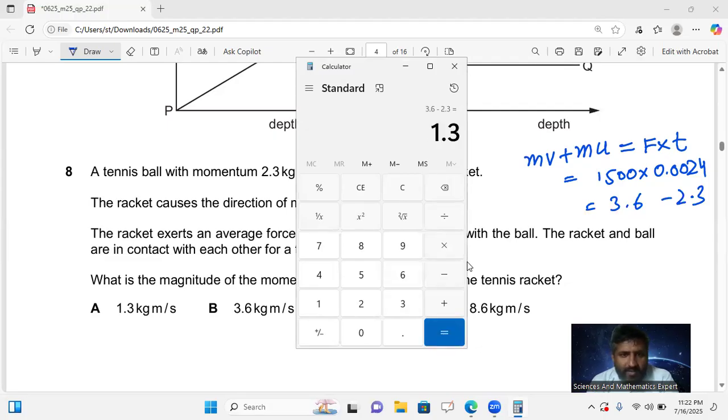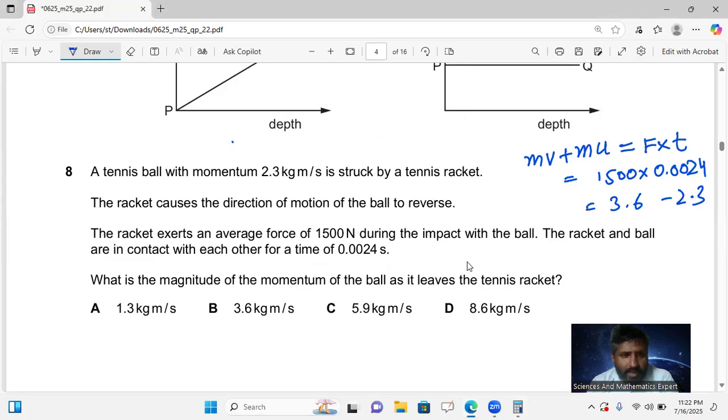So option A is fine for it. Option A is 1.3 kilogram meter per second.